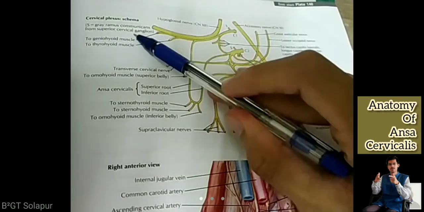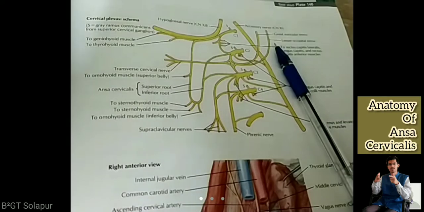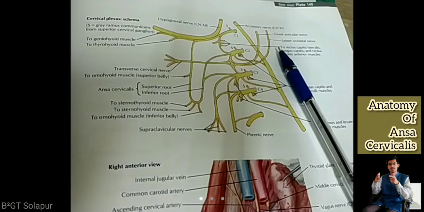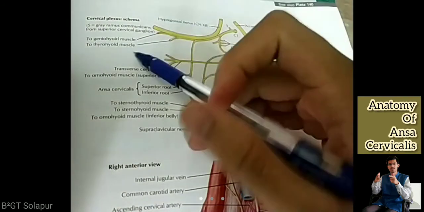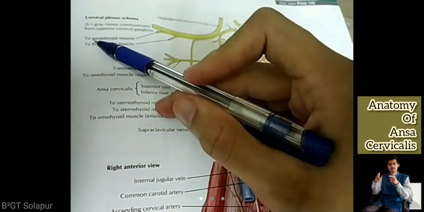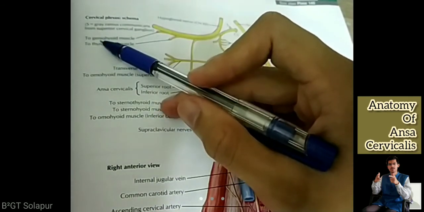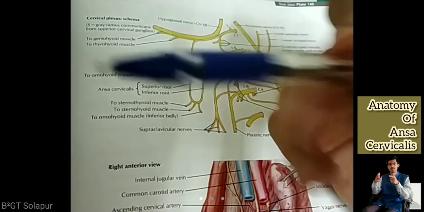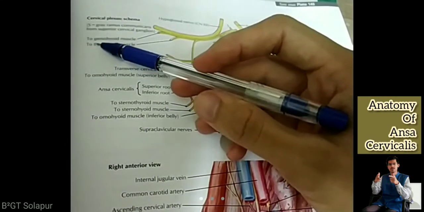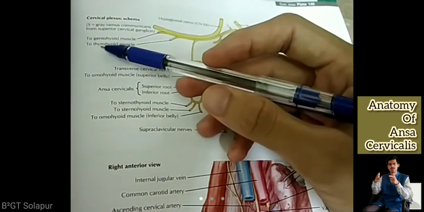So, geniohyoid, there is actually a genial structure, superior and inferior genial processes. These are present in the mandible. When you learn the anatomy of the bone mandible, you will get to know.